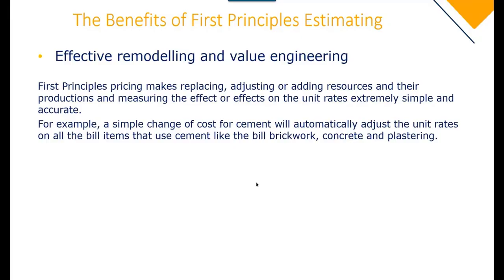So just an example of that is we'll show you changing the cost of cement. By changing the resource rate, it will automatically adjust the unit rate in the bill items that use that cement, and that would affect things like your brickwork, concrete, and plastering rate.